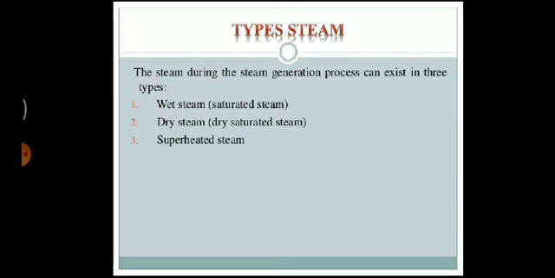During the steam generation process, three types of steam can exist. Steam generated from the steam generator may either be wet steam, or dry steam, also called dry saturated steam, or the other one, superheated steam.